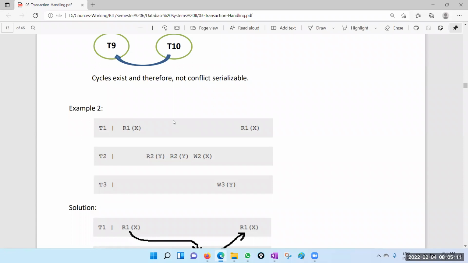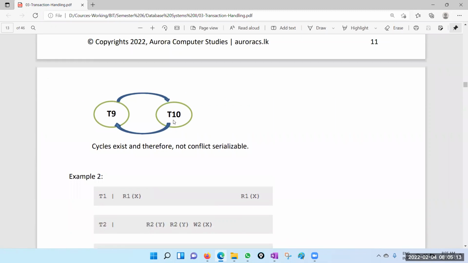So there we have to use sort of a technique where we start with any transaction with index 0 and keep eliminating one by one. Every time you pick an index 0 transaction, you have to remove all the outgoing arcs.